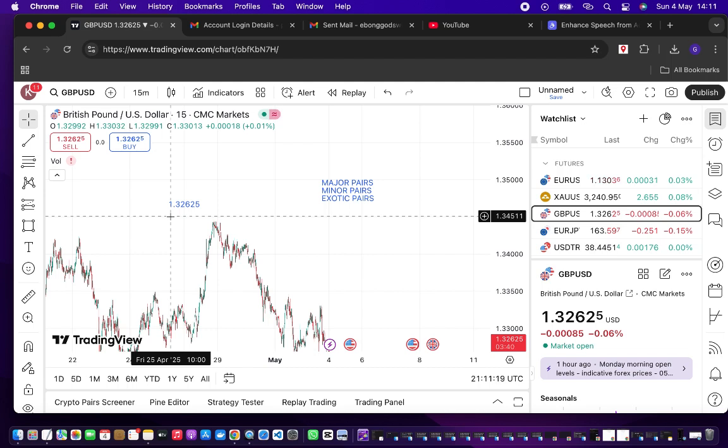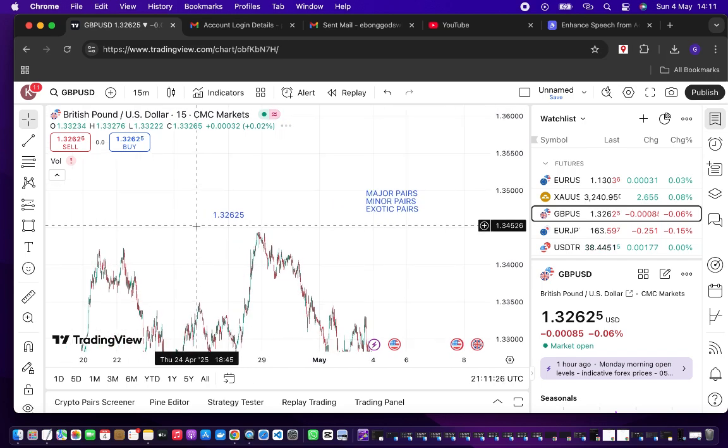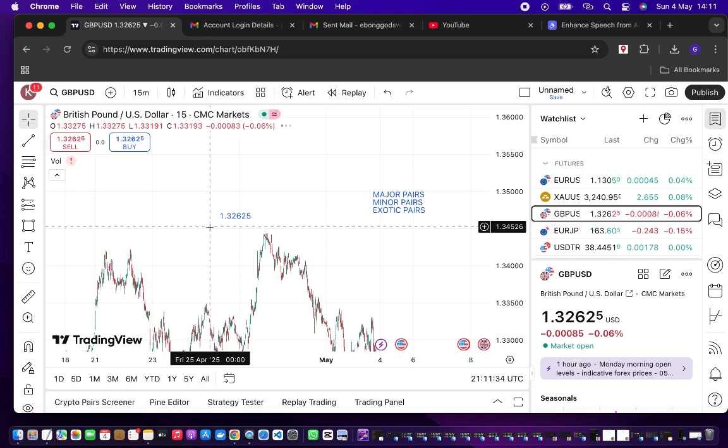So like I said, these market prices are not stagnant. They do experience changes, and we make money from these changes. So I want to quickly show you guys how to calculate these changes in the market value of these currency pairs. And we are using the major pairs, remember. So for the major pairs, we pay attention to the fourth number after the decimal point.